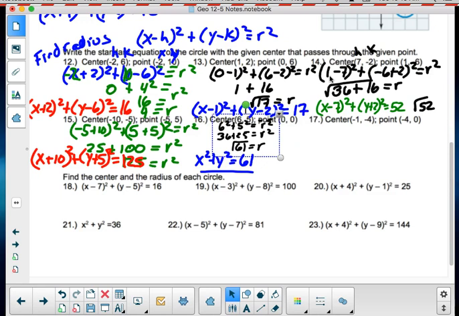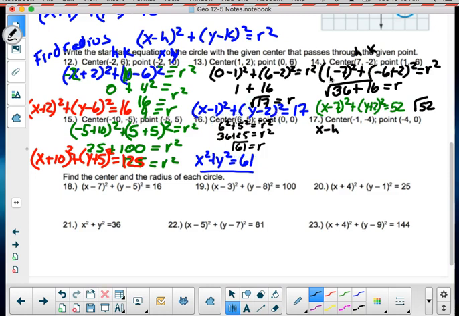My last one here, again, my center is −1, −4. My point is −4, and just to make sure you know where everything's coming from, my −4 is (x + 1) quantity squared, I get a 9. And then I've got plus my y, which is 0 plus 4, quantity squared, which is 16.